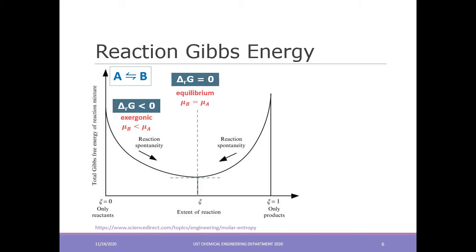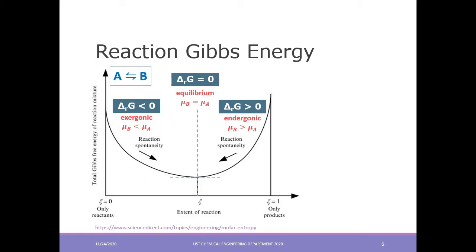On the other hand, when the chemical potential of the products is higher than that of the reactants, then the reverse reaction is spontaneous. This shows a reaction wherein ΔG_R is positive, and this is called an endergonic reaction, or work-consuming.